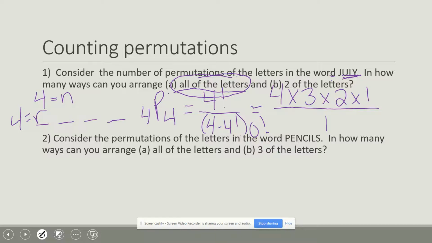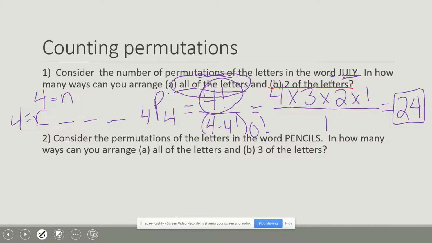So now we can use the 4 factorial button in our calculator, which we'll learn how to do tomorrow. Or we can type 4 times 3 times 2 times 1. Or we can do it in our brain and say 12 times 2 is 24 times 1 is 24. So there are 24 ways that we can rearrange the letters in the word July in 4 places.